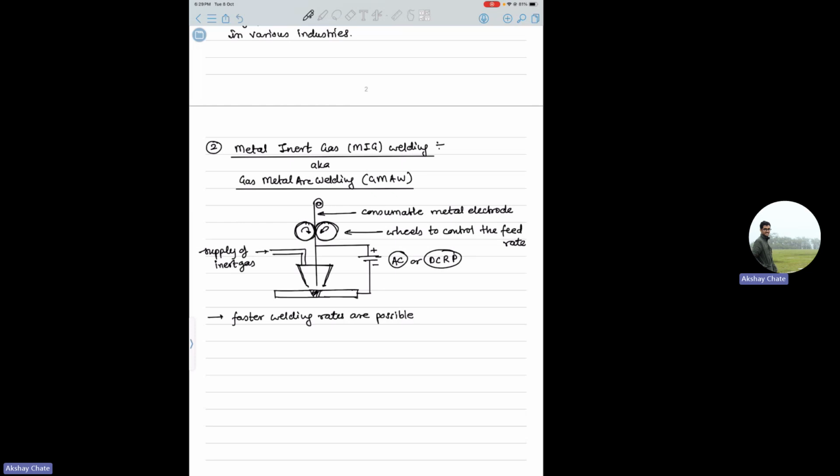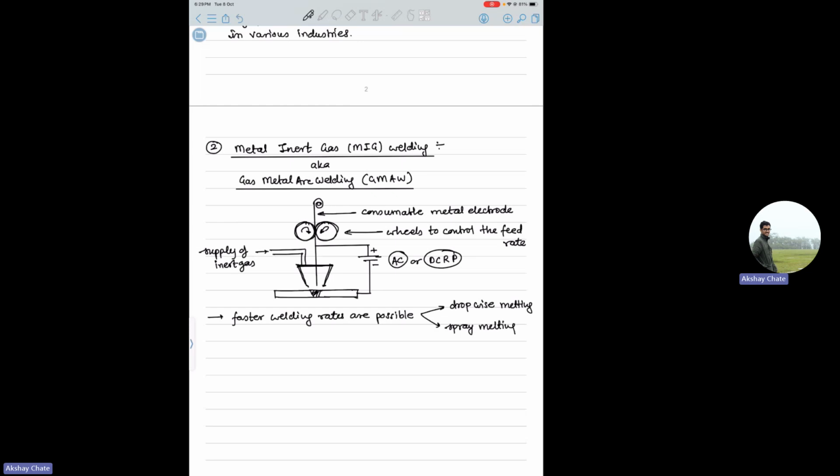There are two things that come then. For a particular current and voltage setting, there can be drop-wise melting of the metal electrode. Okay, or there can be spray melting also.